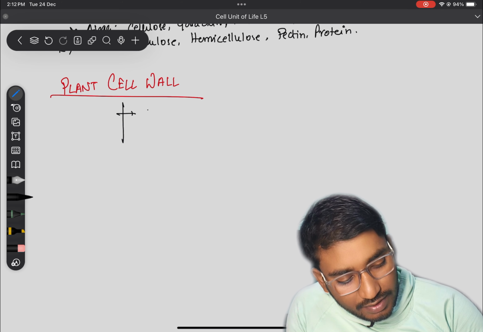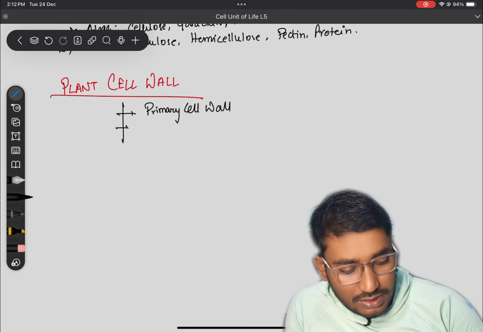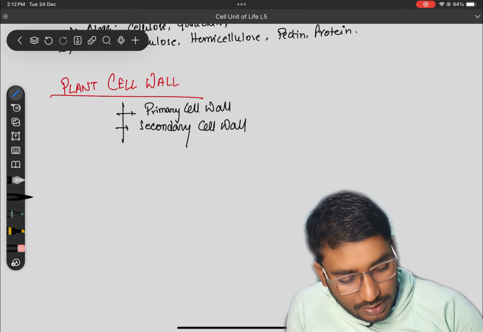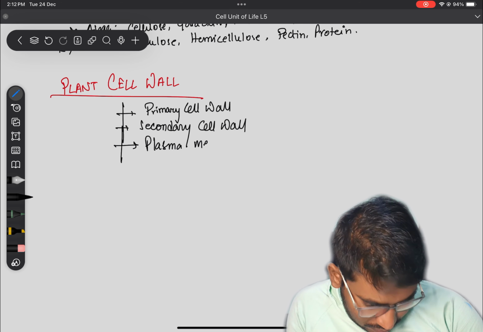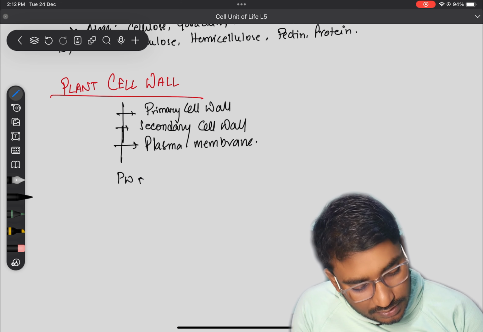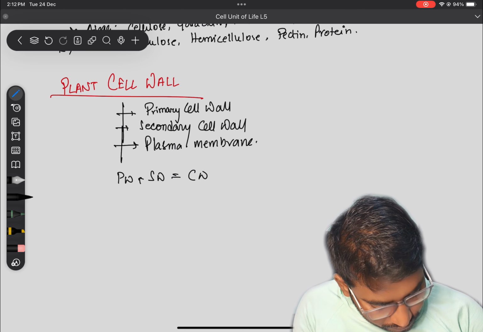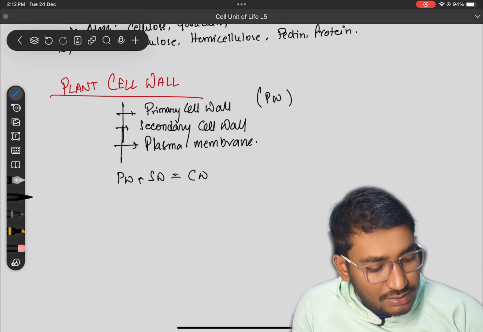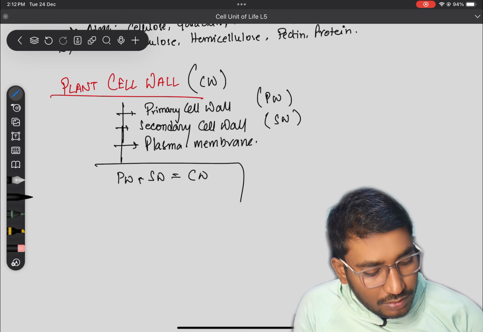It can be divided into primary cell wall, secondary cell wall, and what? The plasma membrane. So you can say PW plus SW equals CW. That is, PW is primary cell wall, SW is secondary cell wall, and CW is cell wall. Okay.